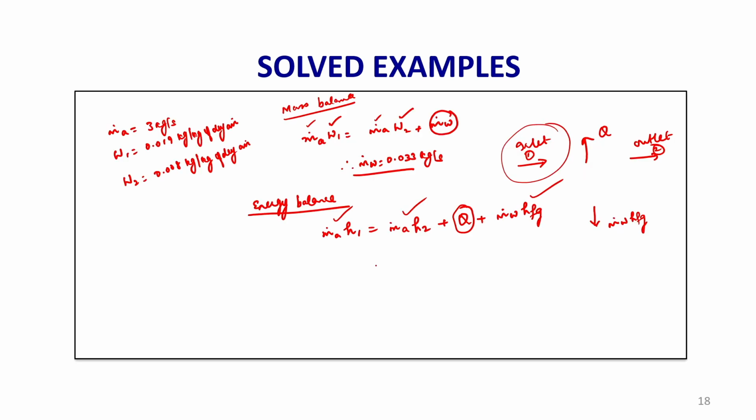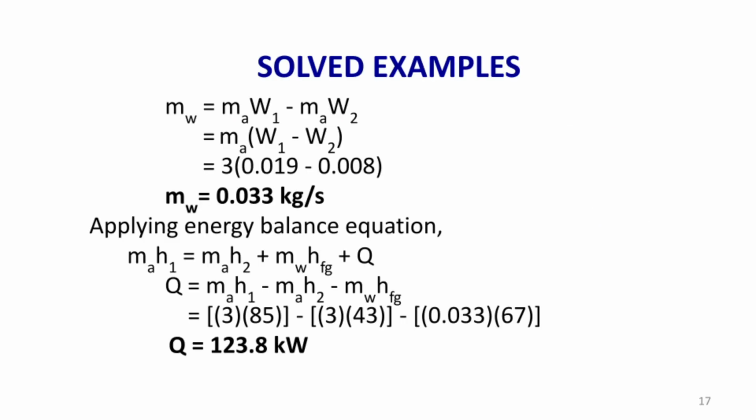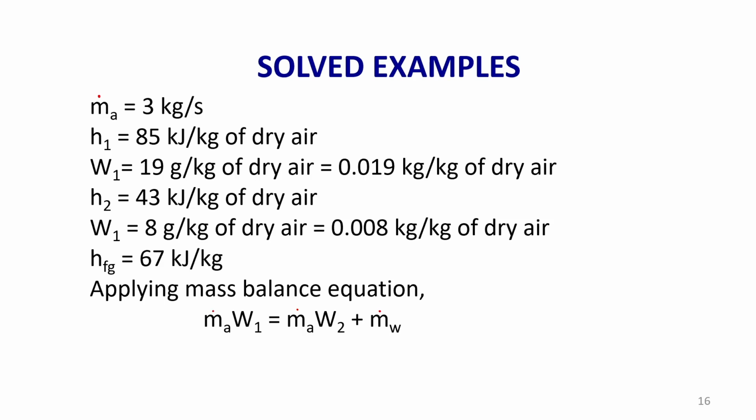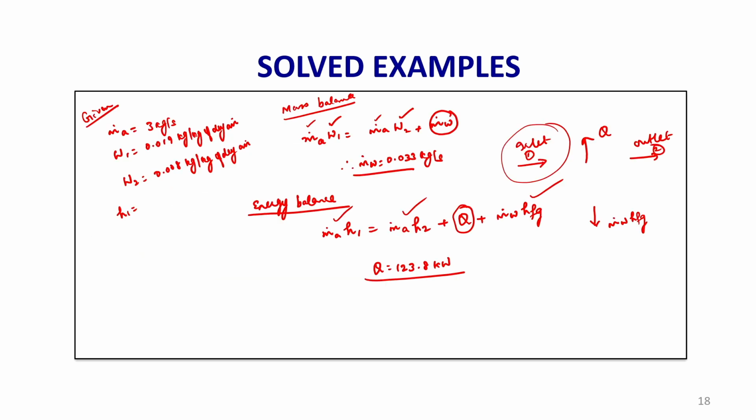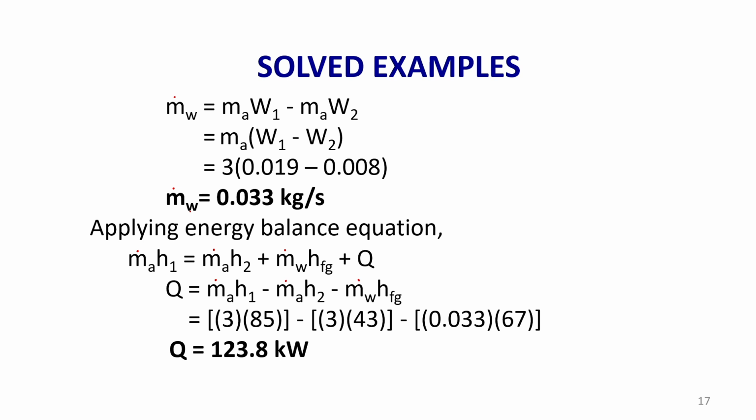You will get the capacity of the cooling coil as 124, if we round off, Q is equal to 123.8. These are all the given data. Enthalpy at 1 is 85 kilojoule per kg and enthalpy at 2, H2, is equal to 43 kilojoule per kg.